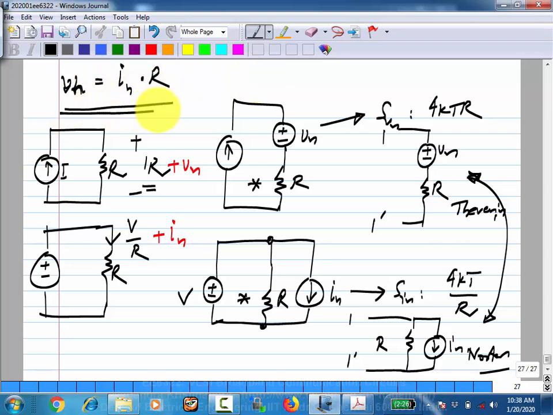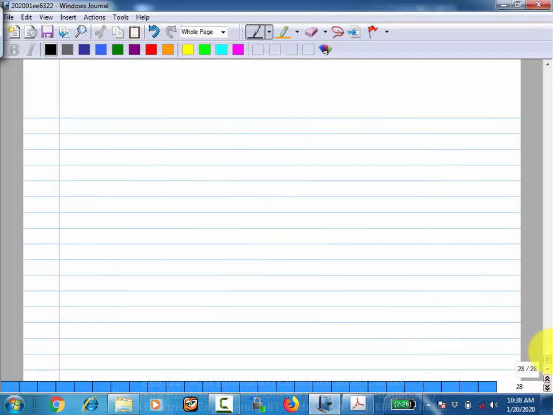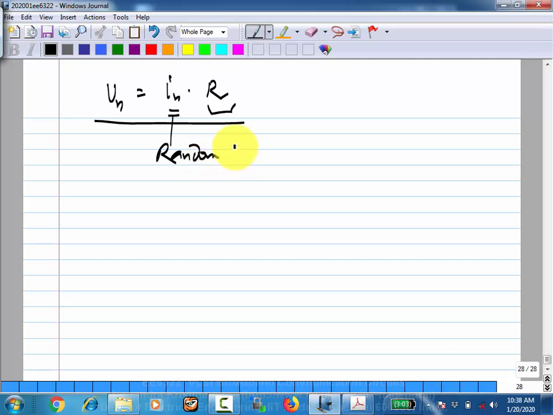Now let's say In is some random variable, or a random process, and R is a scaling factor. If you know the spectral density of In, what will be the spectral density of Vn? Times R square, because this comes from something related to the variance, which has the square.